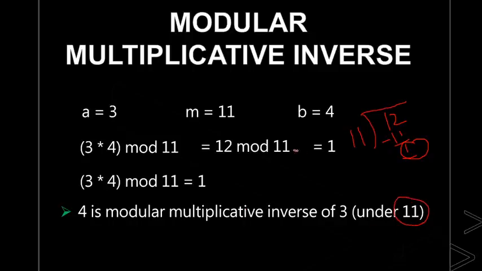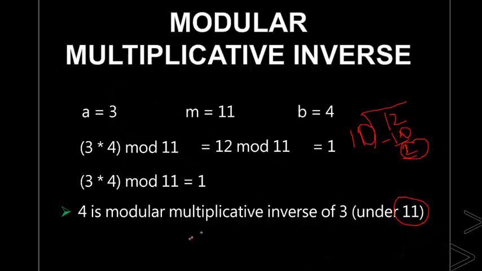If I had mod 10 in this place, these are not inverses, because mod 10 means your remainder will be 2, and if your remainder is 2, that is not an inverse. Only when you have mod 11, the terms are multiplicative inverses. So 4 is modular multiplicative inverse of 3, under 11 modulus.